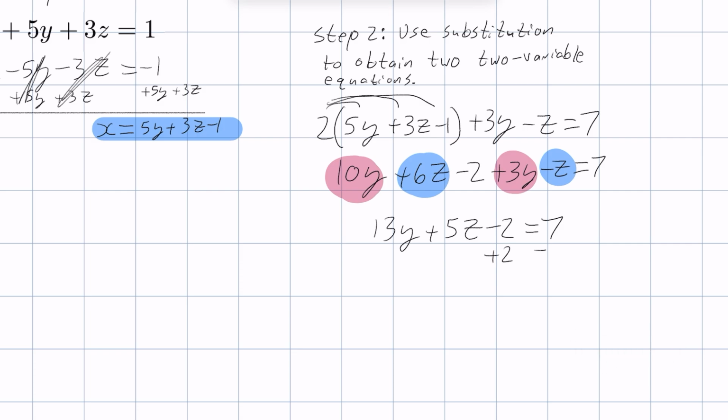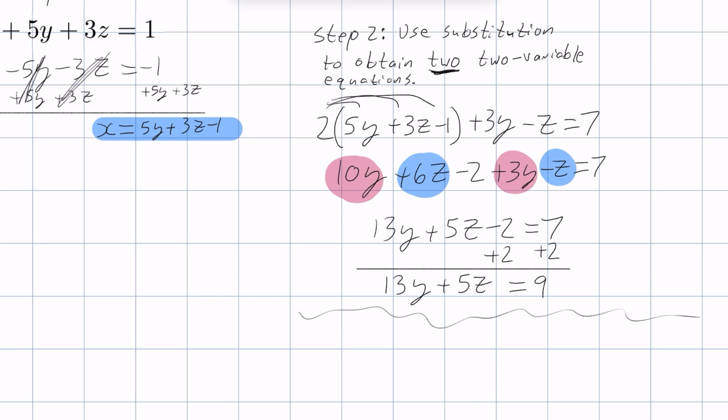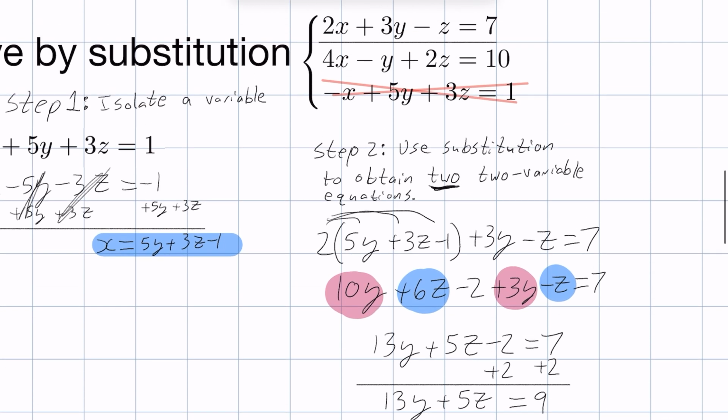Move the 2 to the right side. 13y plus 5z is equal to 9. For now, we're going to leave that there. We're still in step 2, but we've only found one of our two variable equations. So that's the first of our two variable equations.